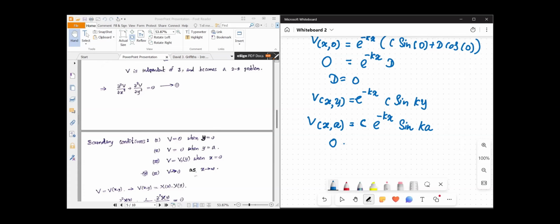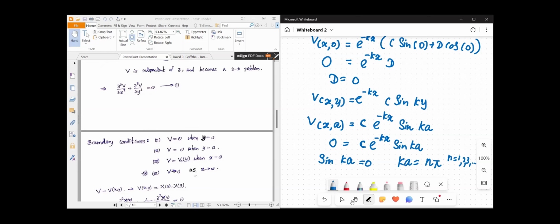So this potential is 0, equal to c times e to the power minus kx sine ka. So we can select this part, sine ka is equal to 0, which means k times a should be multiples of pi, and n is going from 1 up to all the values.